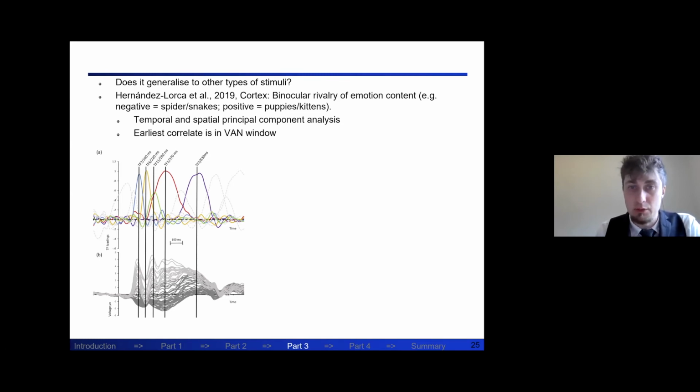So we want to see if it's similar components that predict experience, because it might be with more emotional content that the timing of this component changes completely, or that the location does. So our idea has always been that what relates to conscious experience is the area where the processing of that stimulus takes place.